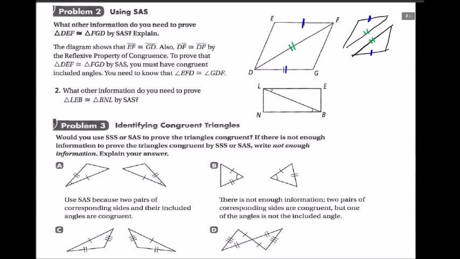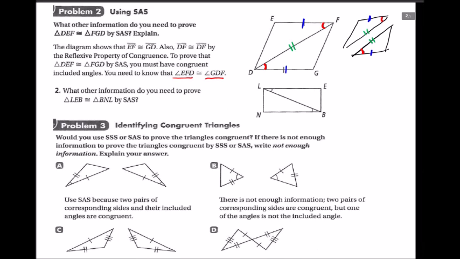So what do we need for side angle side? We need the included angle. And so it's angle EFD for the top triangle, and it's angle GDF for the bottom triangle.